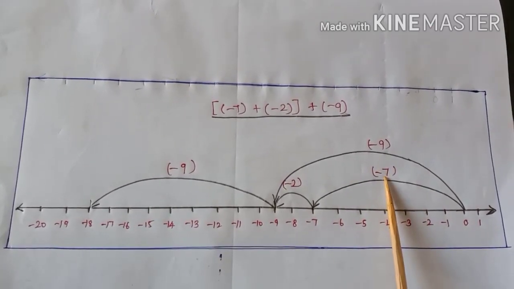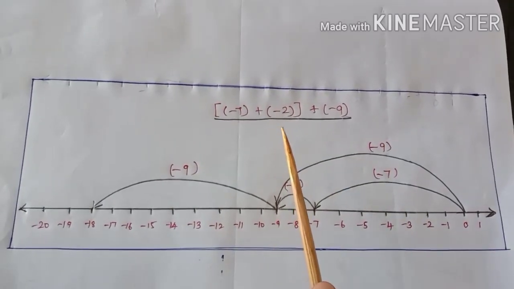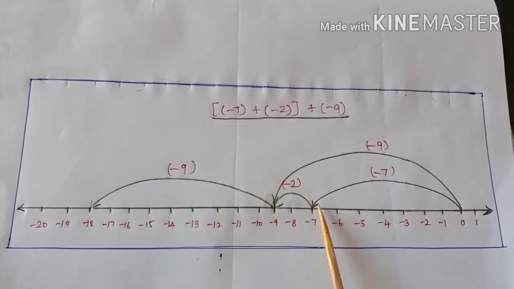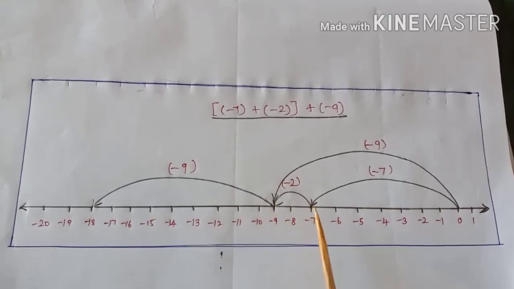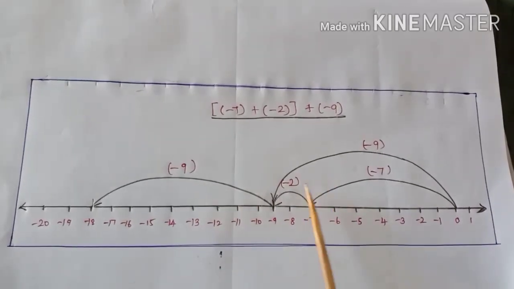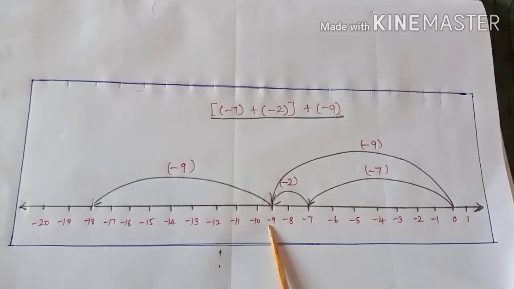to represent minus 7. Here the second component is minus 2, which is a negative integer. So again we have to move 2 steps backward from minus 7 to represent minus 2. Now we are at minus 9.